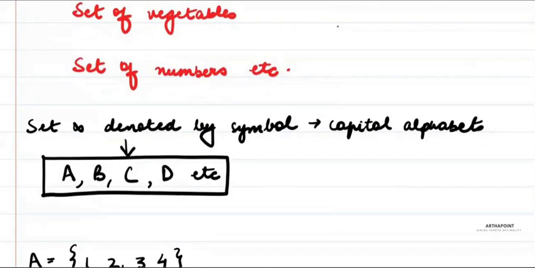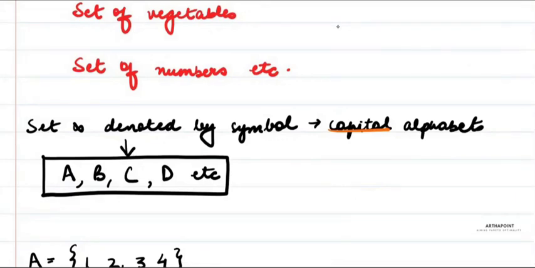Always remember that a set will always be denoted by a capital alphabet. I will never go ahead and say that this is a set, or this is a set, or this is a set. This is never going to happen. We will always denote a set by a capital alphabet.